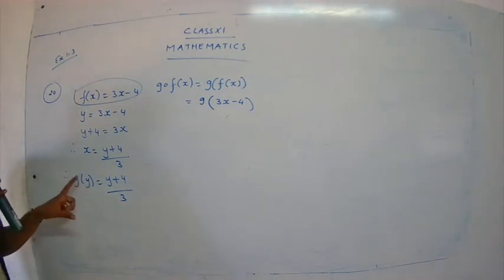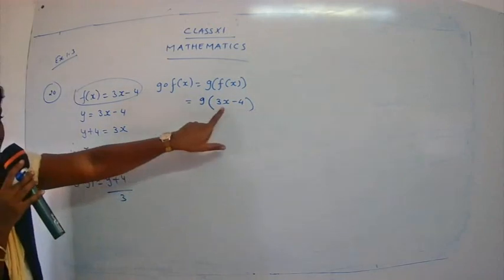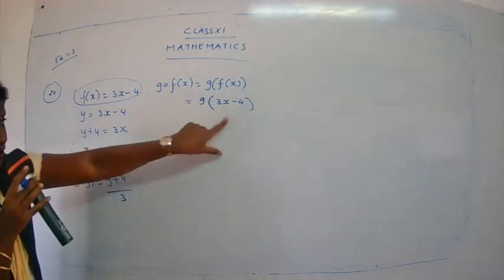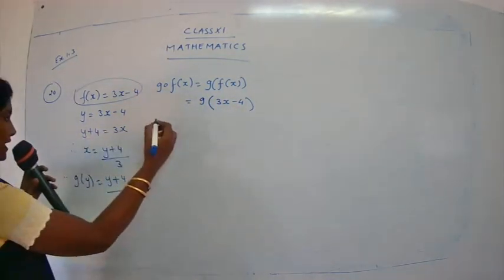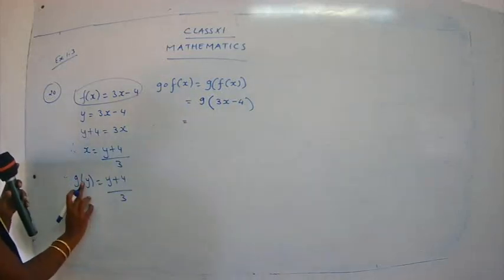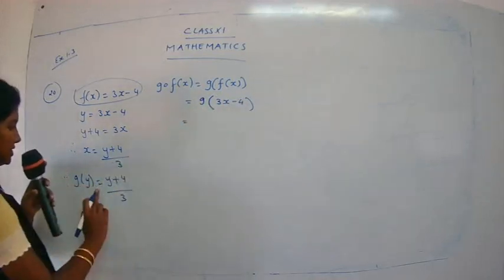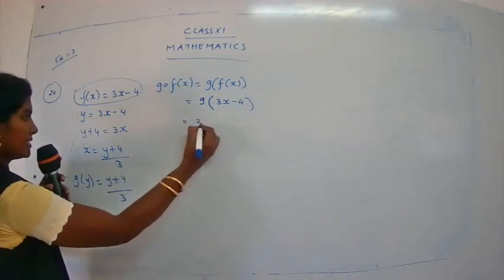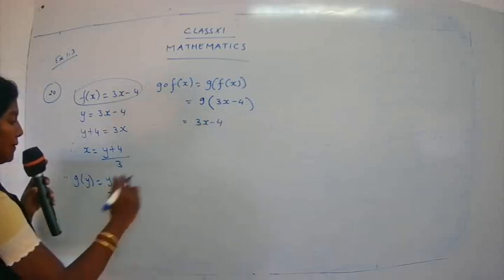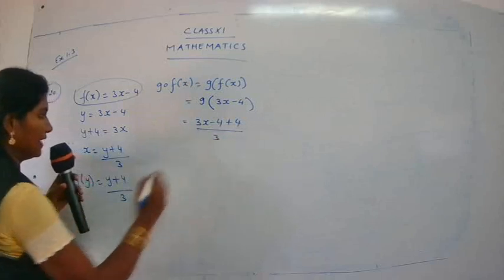So now what are we doing? We are going to replace y with 3x minus 4. Wherever you have y, it will be replaced by 3x minus 4. So this is equal to (3x minus 4 plus 4) upon 3.